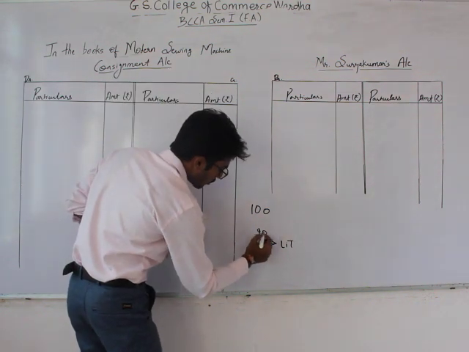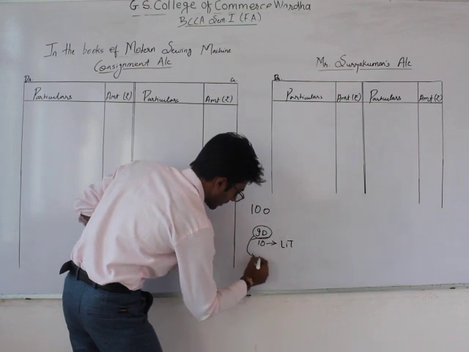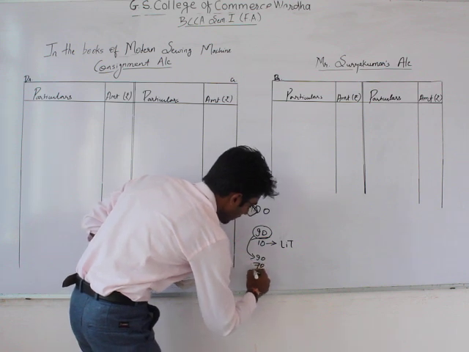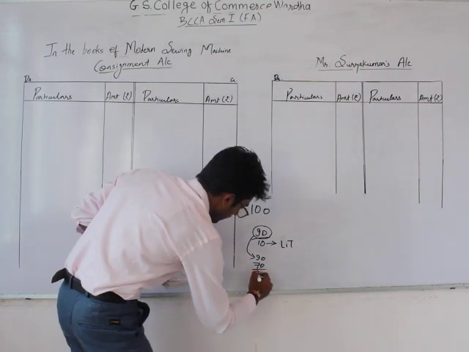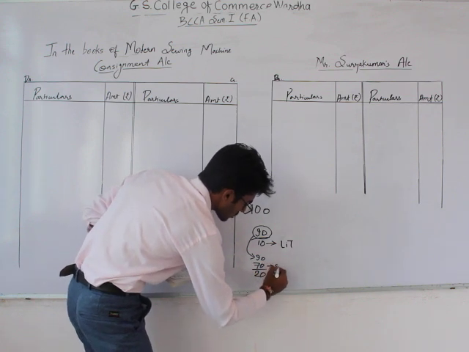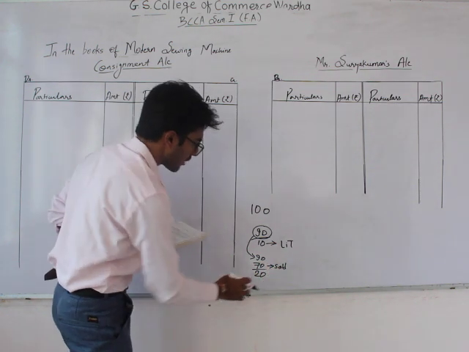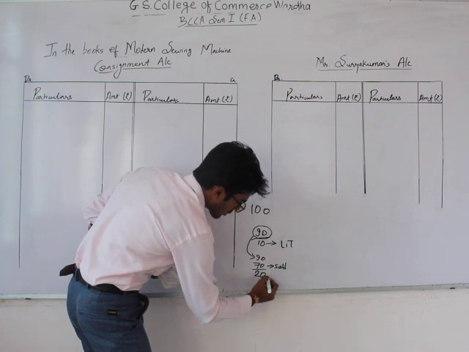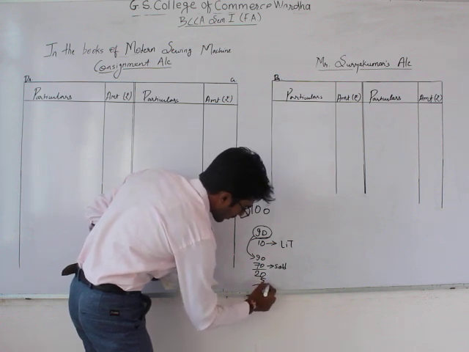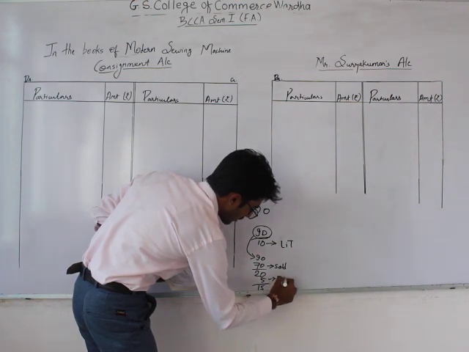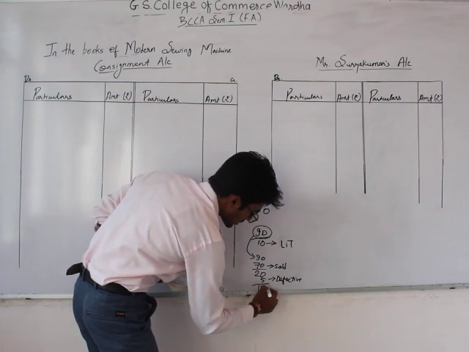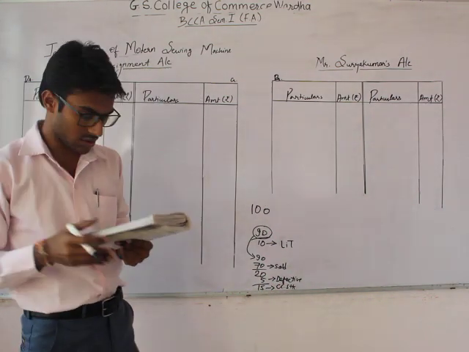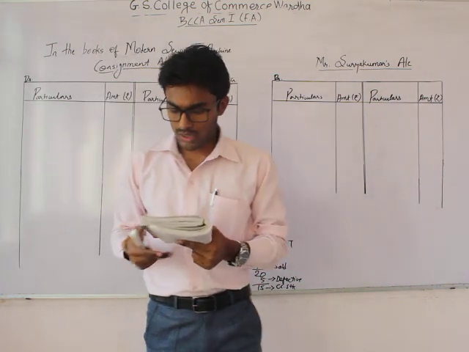Now you have this 90, of which we have sold 70, and now we have 20 units. From these 20 units, 5 are defective. And 15 units are your closing stock. Now we can proceed with our information.